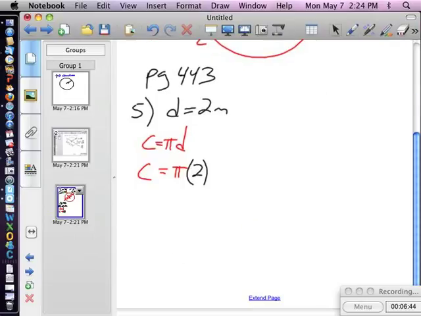Oftentimes a book will describe which version of pi to use. As we know, pi is a constant, and it is approximately equal to 3.14. Some problems want you to use an approximation of 22 over 7.